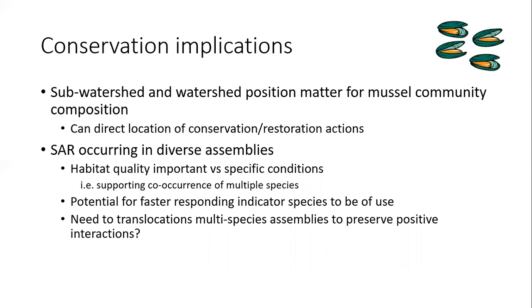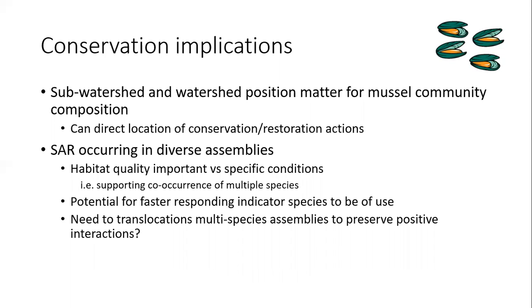It shows that clear differences in mussel communities across sub-watershed and watershed position matter for mussel community composition and can direct the location of conservation and restoration actions. And the occurrence of species at risk in diverse assemblies suggests that habitat quality may be more important than specific environmental conditions in order to support the co-occurrence of multiple species.